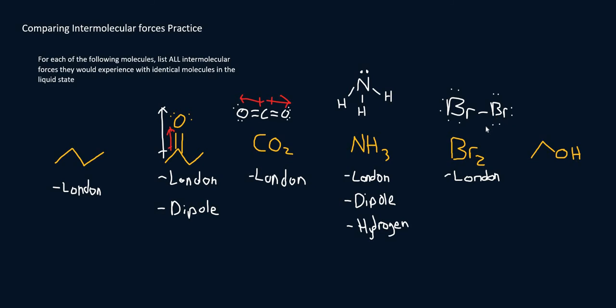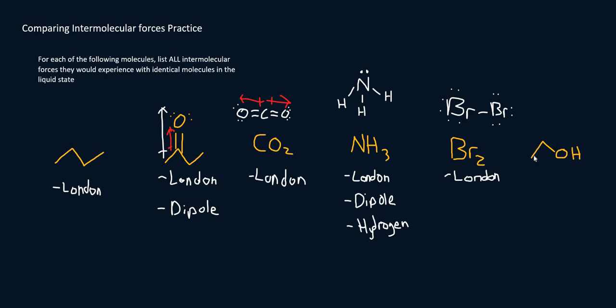And also no hydrogen bonding because we have no requirements here for hydrogen bonding. So ultimately, this bromine molecule is only going to have London forces. It will, however, have pretty decently strong London forces with other bromine molecules, but nonetheless, it only has London forces.